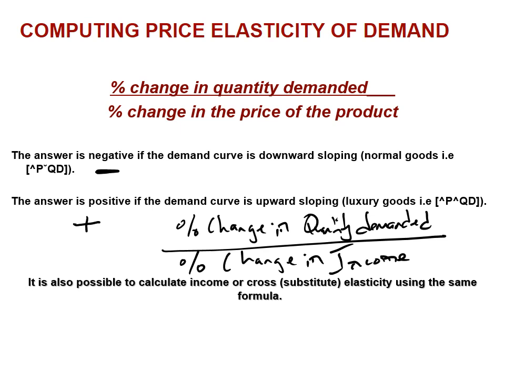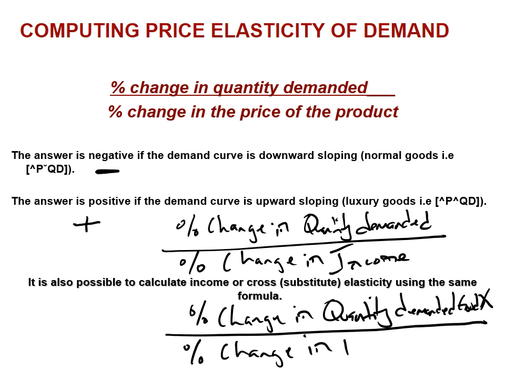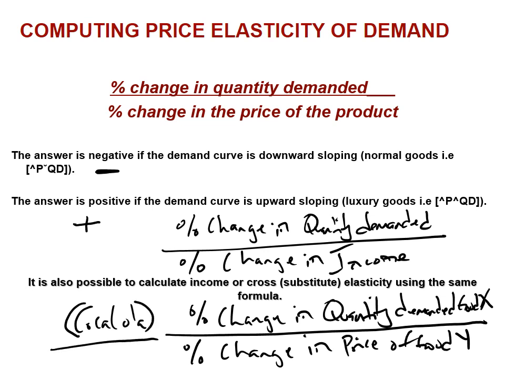How about your cross elasticity? You calculate that by a percentage change in quantity demanded of good X divided by the percentage change in price of good Y. Say for instance, you have a change in the quantity demanded of Coca-Cola because of a change in price of Pepsi.